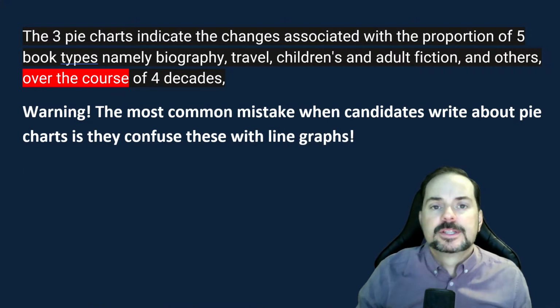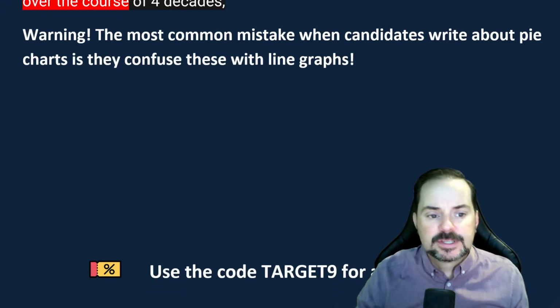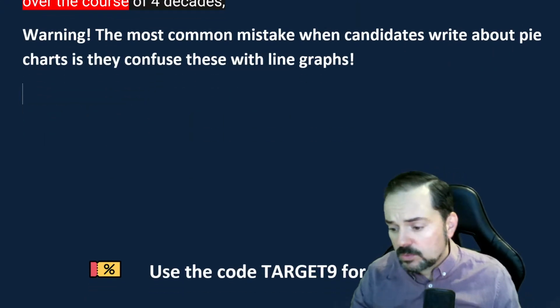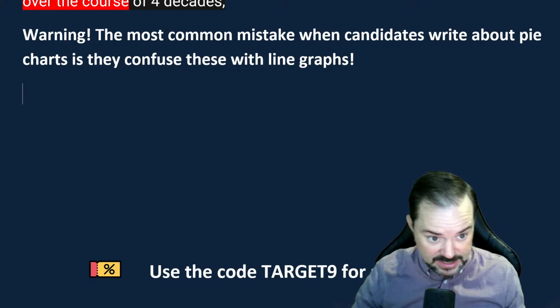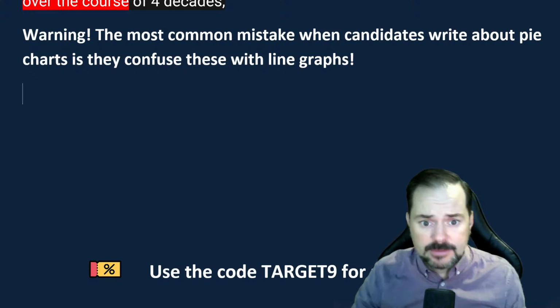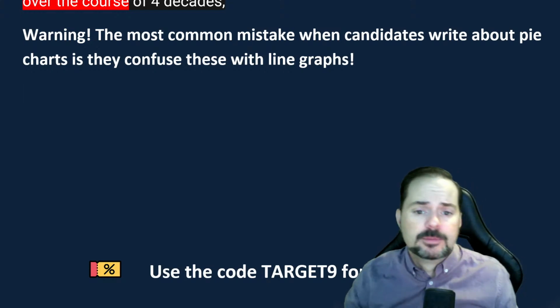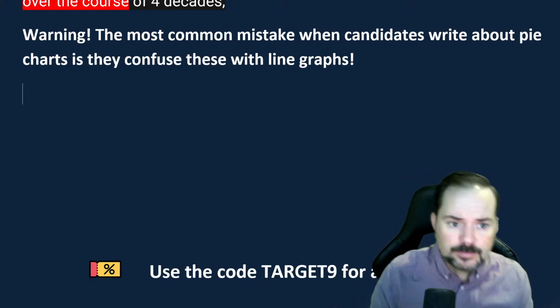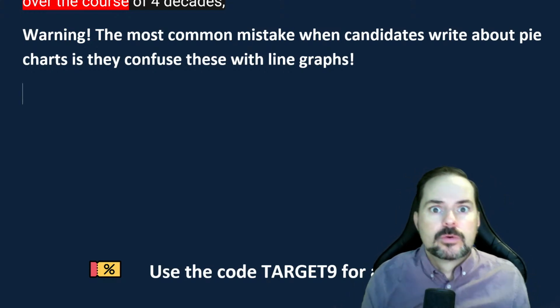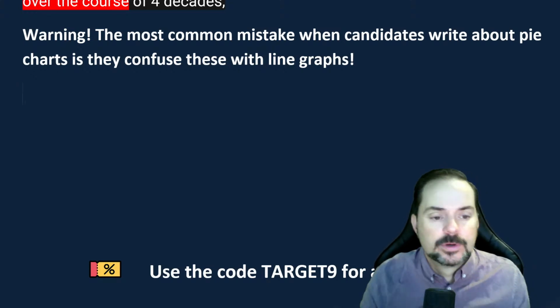What's the difference? So let's emphasize that for all of our viewers, because it is one of the most common mistakes. It's a pretty big mistake. You'll lose a band score right away, if not more, if not a couple band scores for this. So it's a band score warning here.